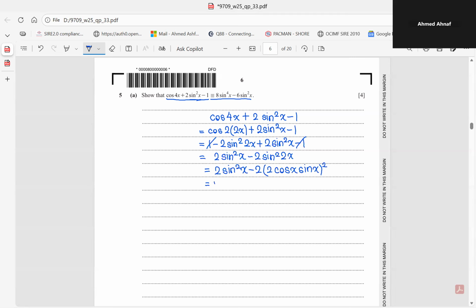So this power, we have to spread it to every term, including 2, cosine x and sine x. So this would be 2 squared, which is 4, times cos squared times sine squared.